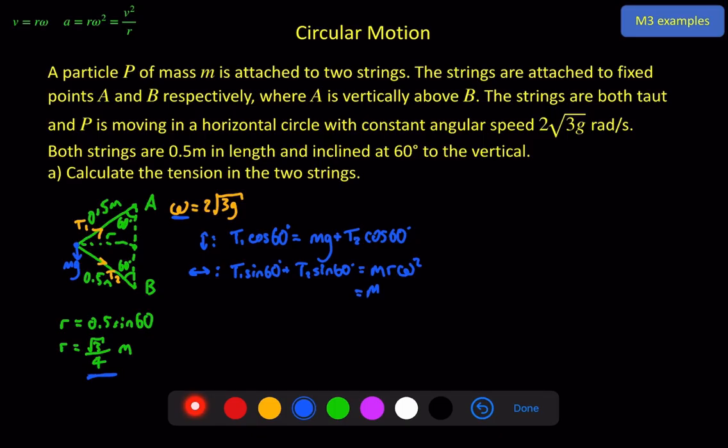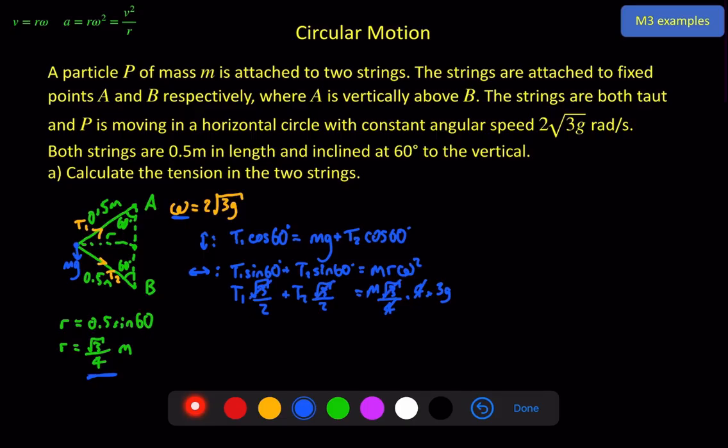Mass times root 3 over 4 times omega squared, that's nice, that's a 4 times 3g, so the 4's cancel. I've started on this one, so let me keep going. On the other side we've got root 3 over 2 T2 and root 3 over 2 T1, so all the root 3's also cancel out.